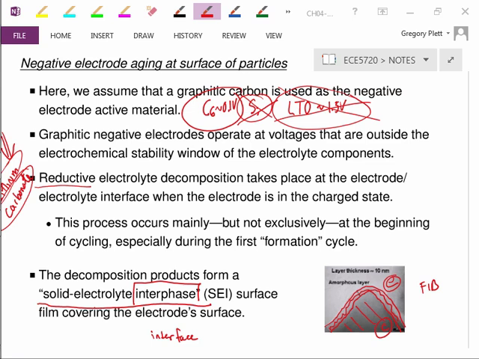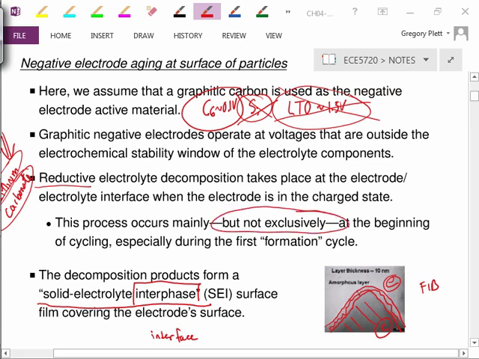So that's why we say the process occurs mainly at the beginning of cycling, because once we have this surface film, it almost stops, but it doesn't completely stop the formation of SEI, and we'll talk about some reasons for why that is. But it greatly slows down the formation of SEI after that first cycle.